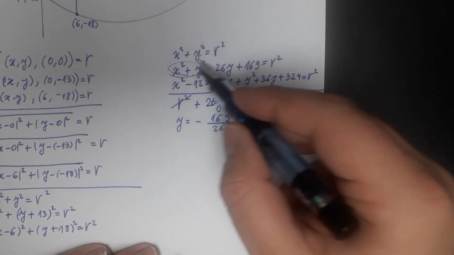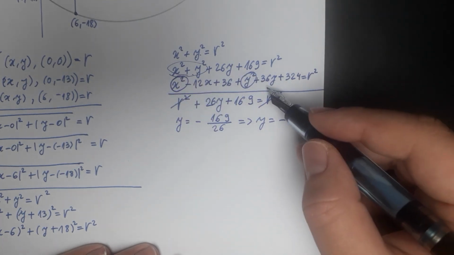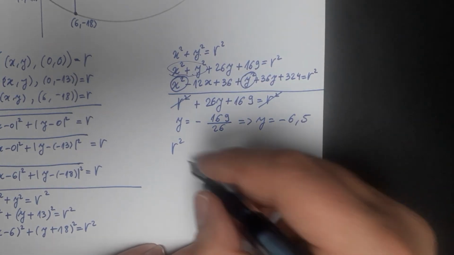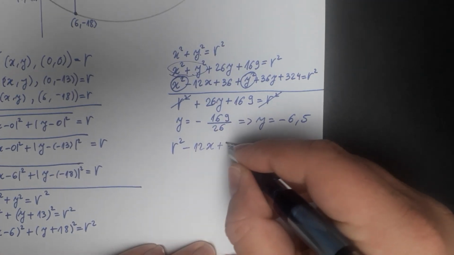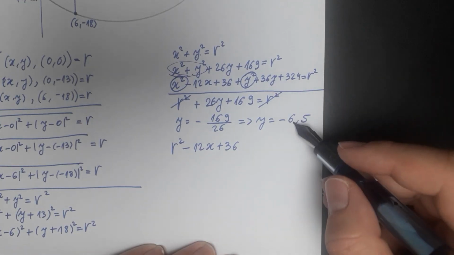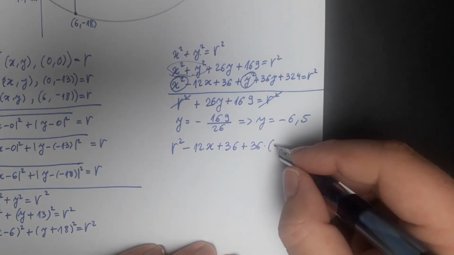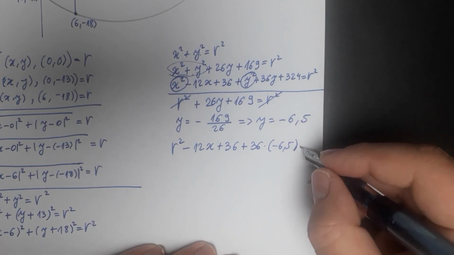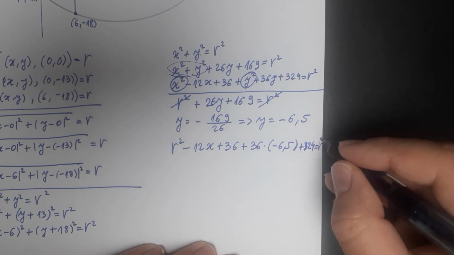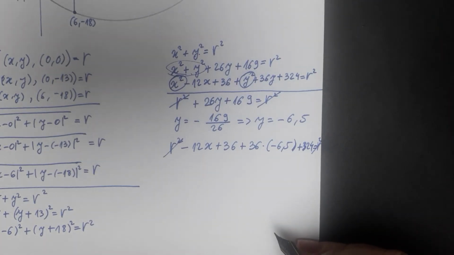We have x squared plus y squared from the first equation also here in the third equation, so we can plug r squared there immediately. We have negative 12x plus 36 plus 36y, and y is negative 6.5, so that is 36 multiplied by negative 6.5, plus 324 to be equal to r squared. R squared and r squared are going to cancel out.